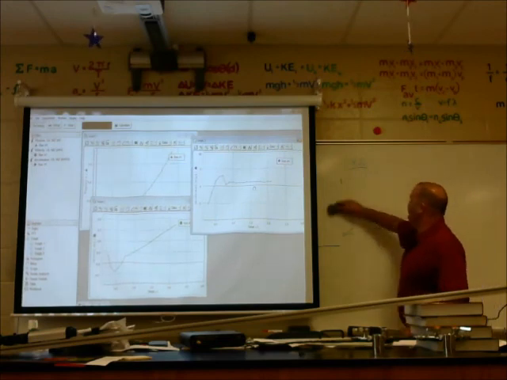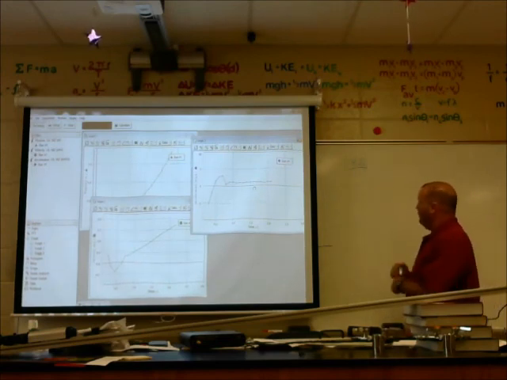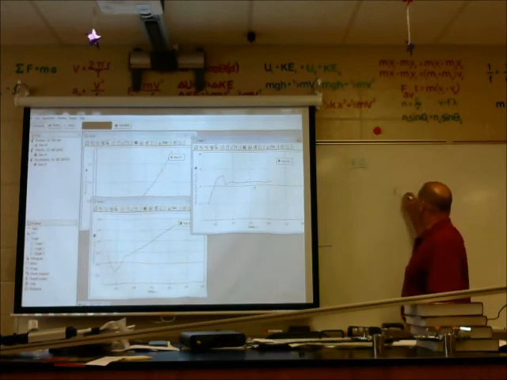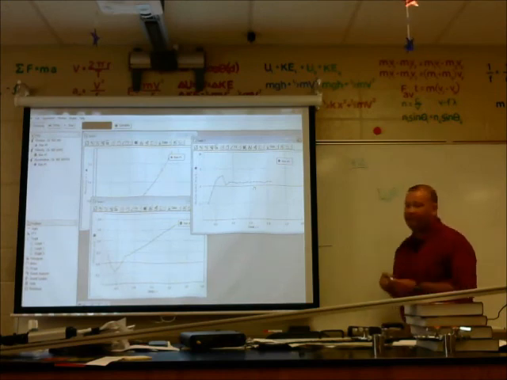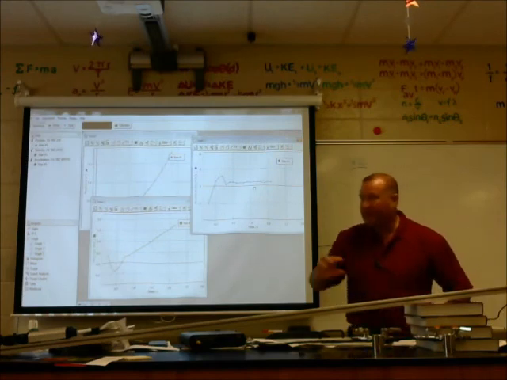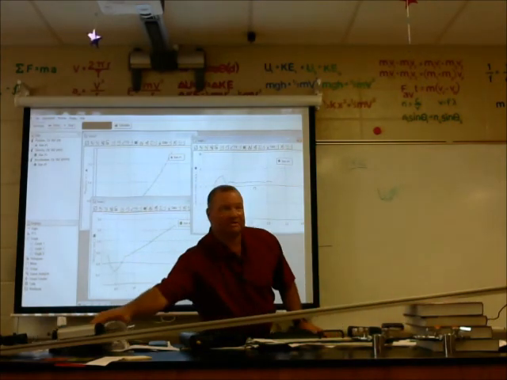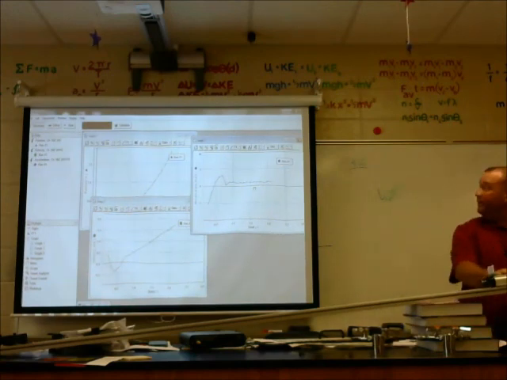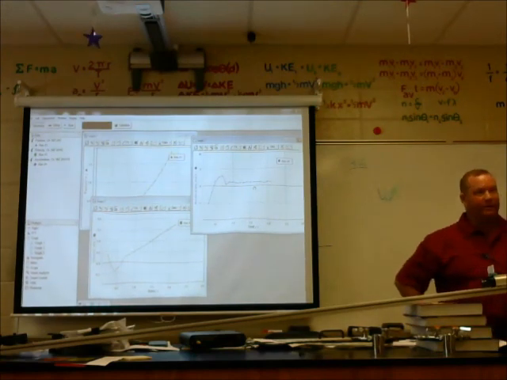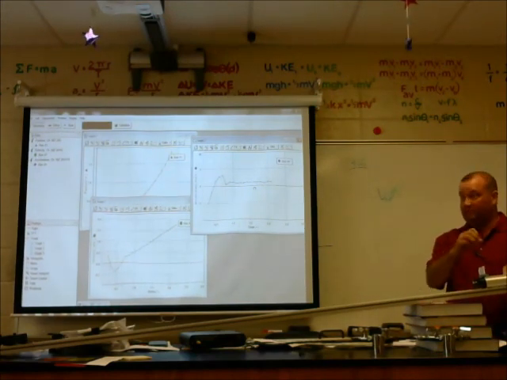Now, one thing we need to look at then is the average velocity it has as it goes down that ramp. What velocity did it have here when I started it? When I let it go, was it moving? When I took my hand off, what was its velocity? 0, right?